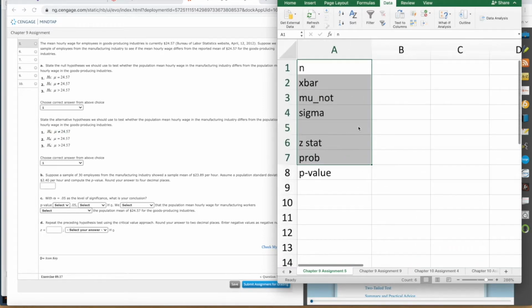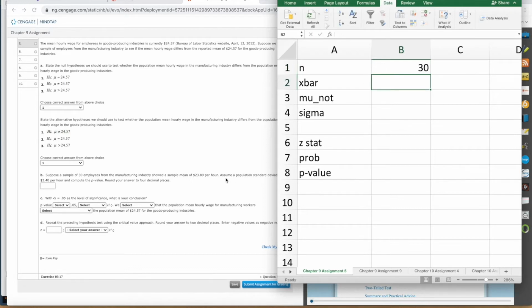So what do I need for these problems? Well, I need a sample size. It tells us a sample of 30 employees, so I'll just type 30 there. It tells us x bar from that sample was 23.89. So in our data, we've observed a manufacturing sample average wage of 23.89. Mu naught, that's the mu with the little 0 next to it, how I write it in the notes.